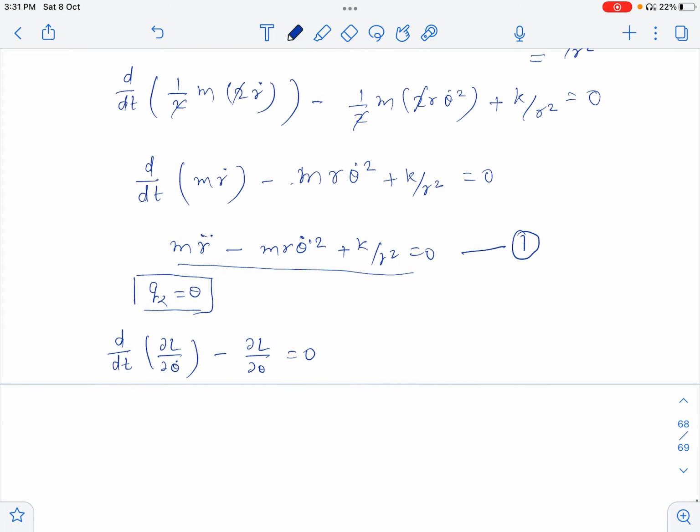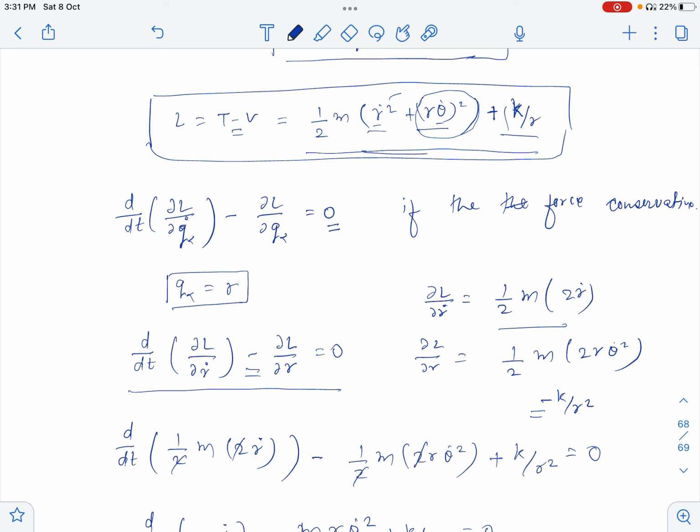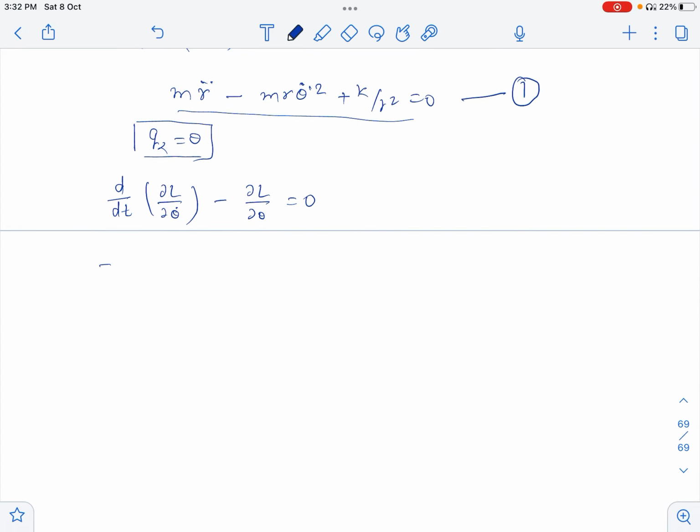We need to find delta L upon delta theta dash, which is equal to 1 by 2 m r square times 2 theta dash, and delta L upon delta theta is equal to 0. Let us put these two in the equation. This 2 will be cancelled, so m r square theta dash. So this implies d upon dt of m r square theta dash minus 0 is equal to 0.